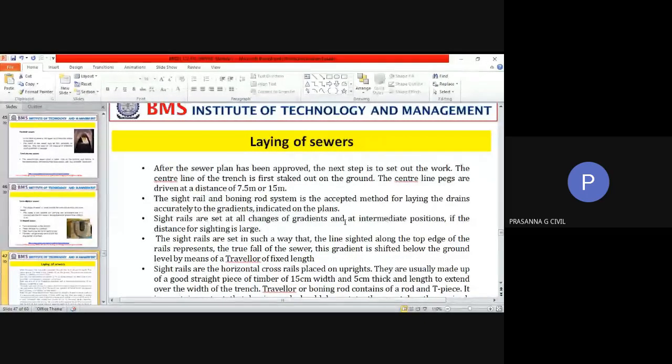So you need to have the gradient of the pipeline in such a way that the wastewater flows towards the downward direction, where your treatment plant is, or is able to flow by gravity towards the treatment plant. So you have an entire layout or an entire city with different connections. Wherever the treatment plant is, all the wastewater has to be carried there.